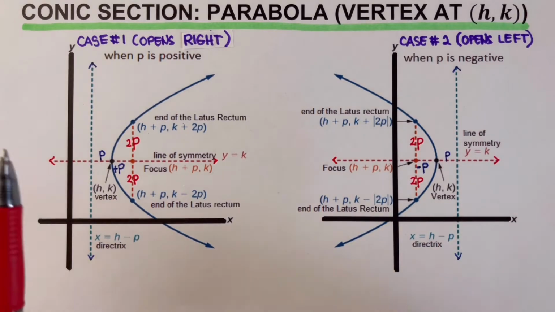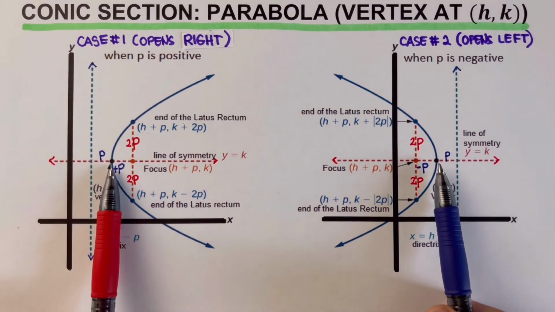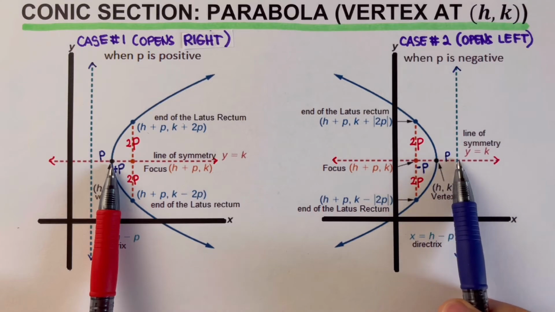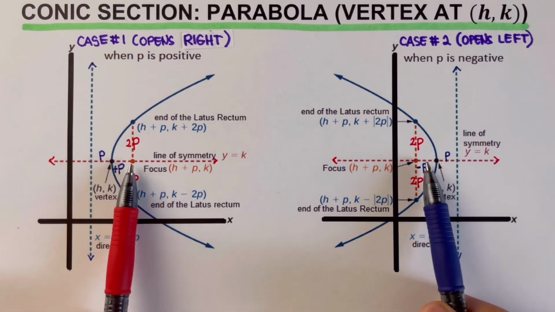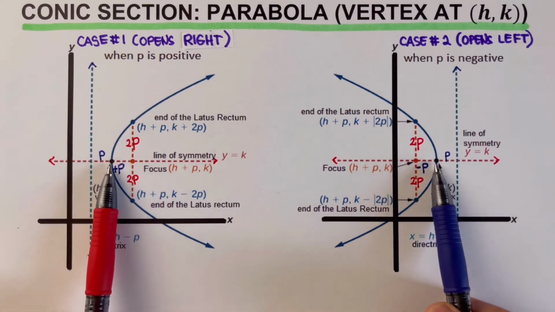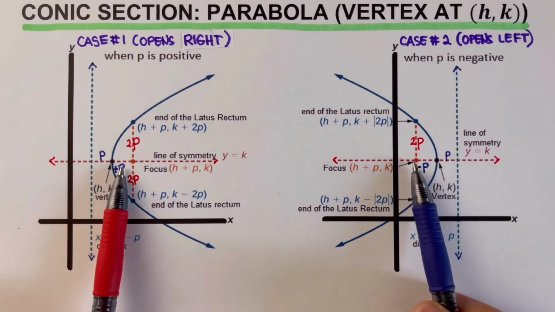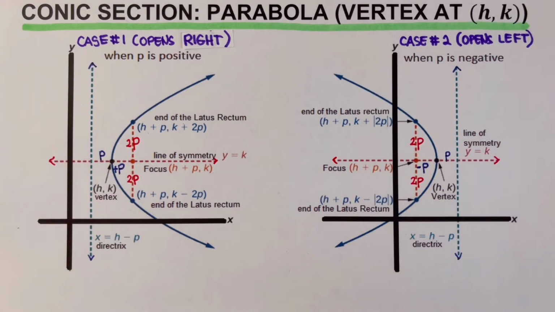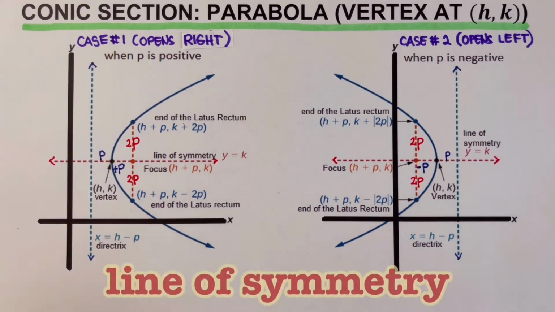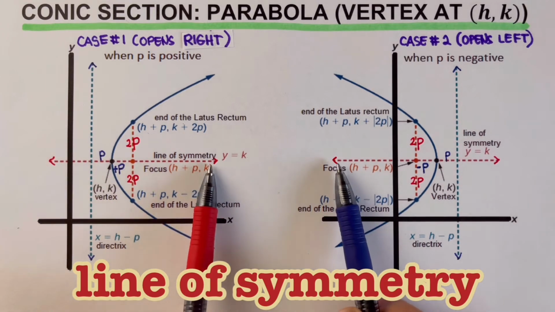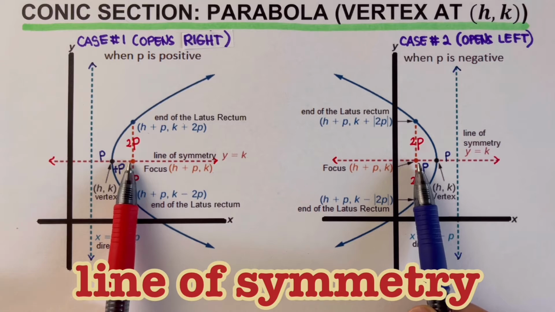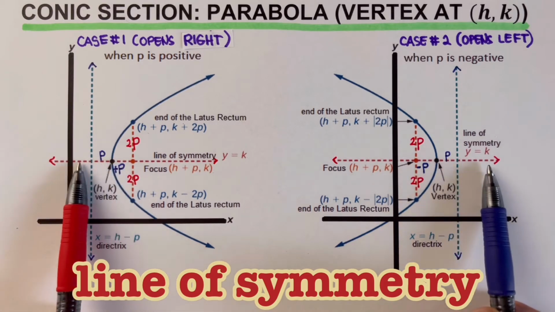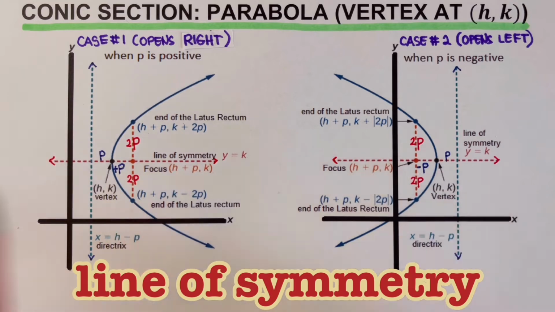This tells us that the vertex is in the middle between the point where the directrix passes through and the focus. So the vertex is in the middle of these 2 points. Another part of the parabola is the line of symmetry. The line of symmetry will always pass through the focus and the vertex. So this is our line of symmetry.